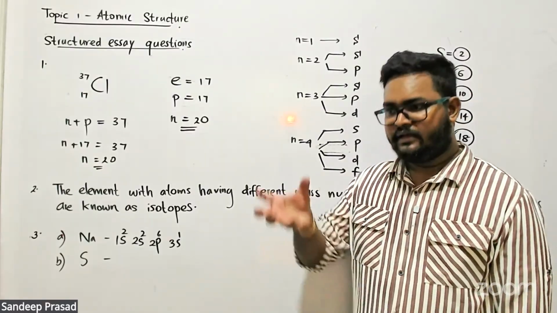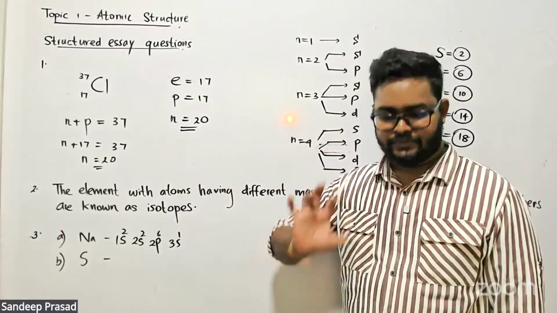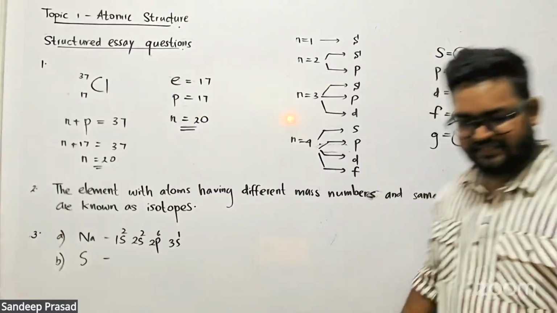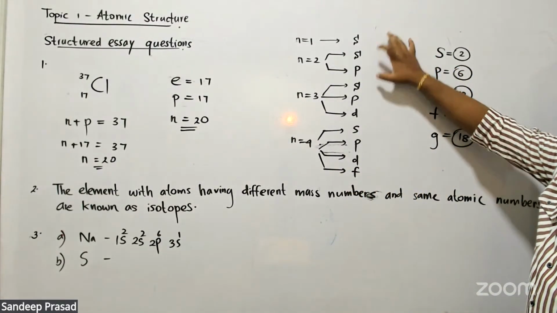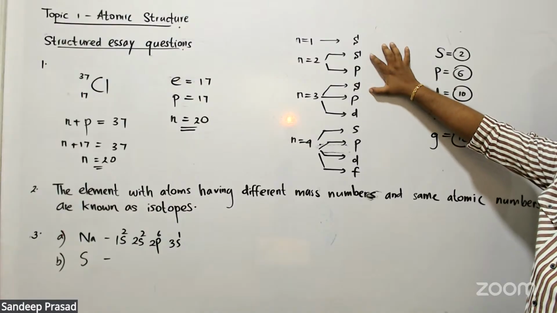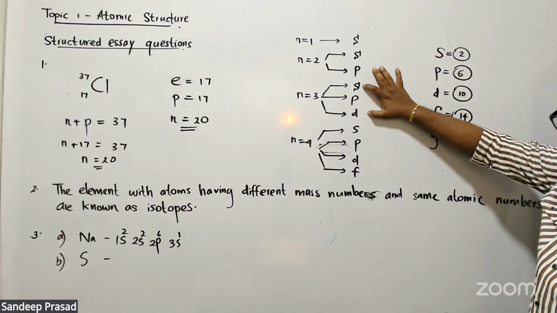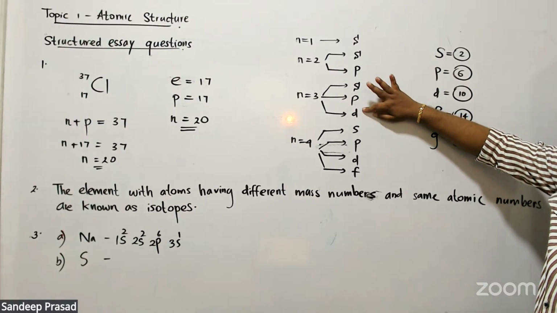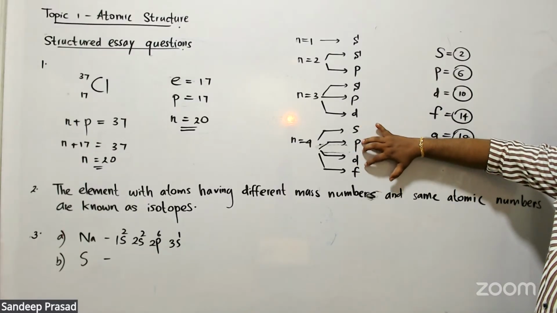Take the idea, energy levels can be again split into sub-energy levels. In the first principal energy level, there is only one sub-energy level known as S. In the second, there are 2 sub-energy levels, S and P. In the third, there are 3 sub-energy levels, SPD. In the fourth, there are 4 sub-energy levels, SPDF.